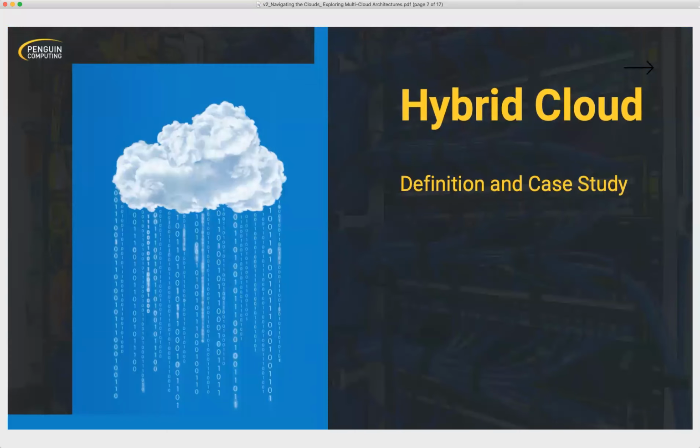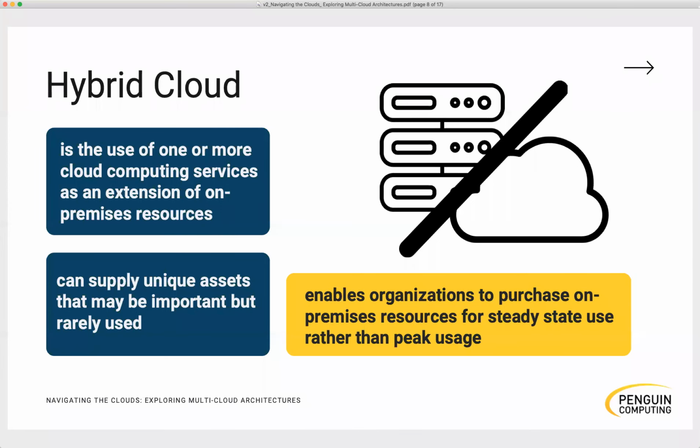Another cloud strategy that everyone's talking about these days is hybrid cloud. Hybrid cloud is really the idea that you've got resources on site, on your premises, but they're either not the resources you need necessarily, maybe there are other things you need, like large memory nodes, or it's not as large as you need for peak loads.